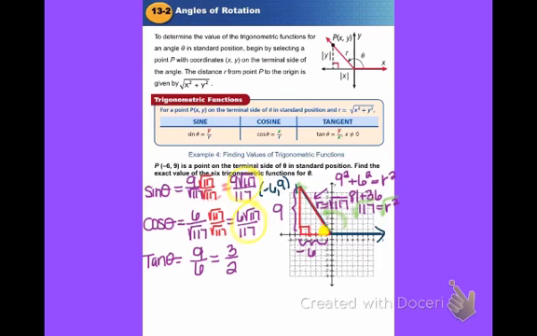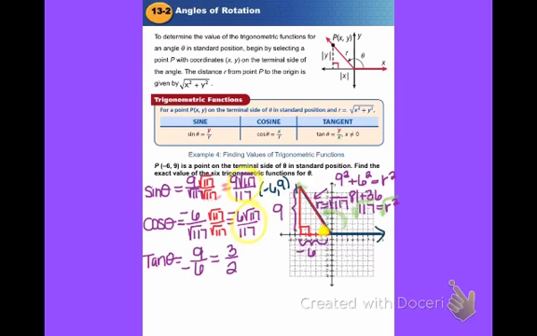So that cosine actually should have been -6 square root of 117 over 117, because even though a side of a triangle can't really be a negative, because I had to go in the direction of the left to get to that point, that 6 is really negative, which would also make the tangent negative.